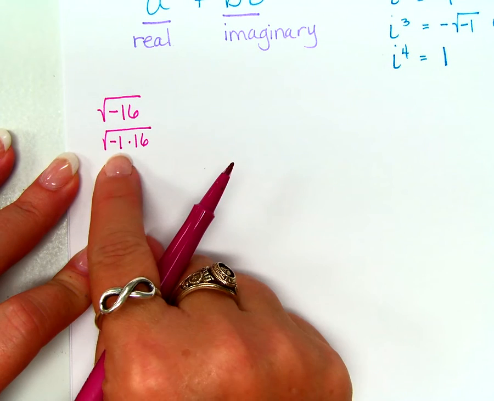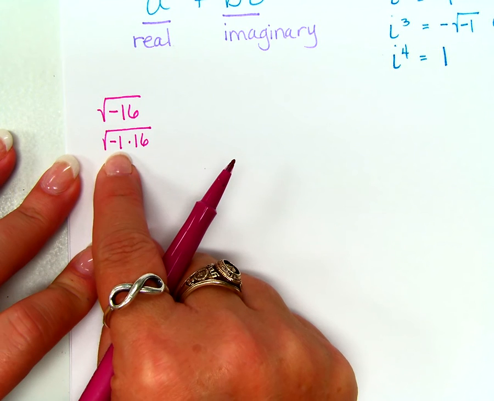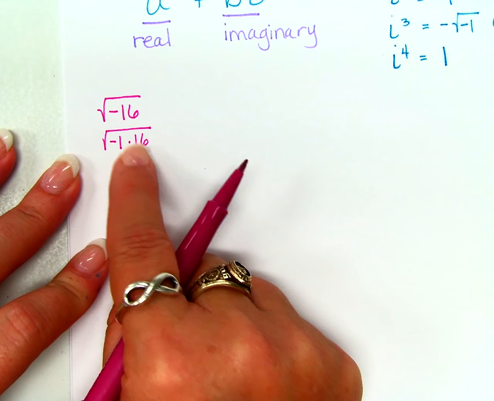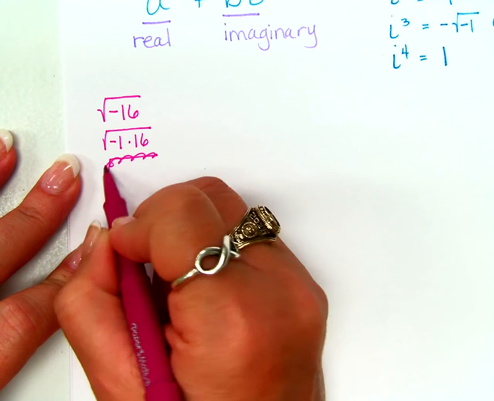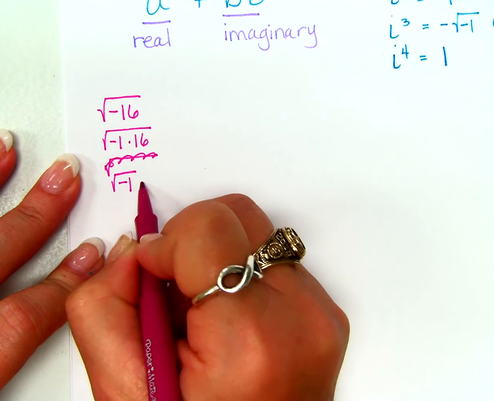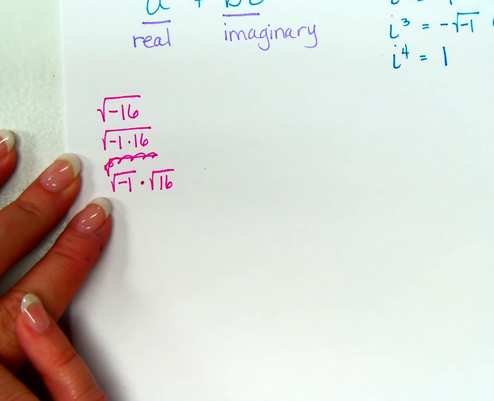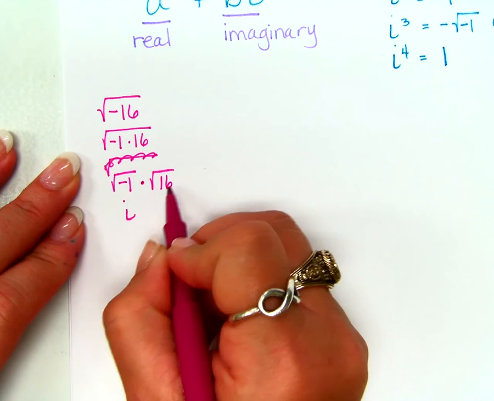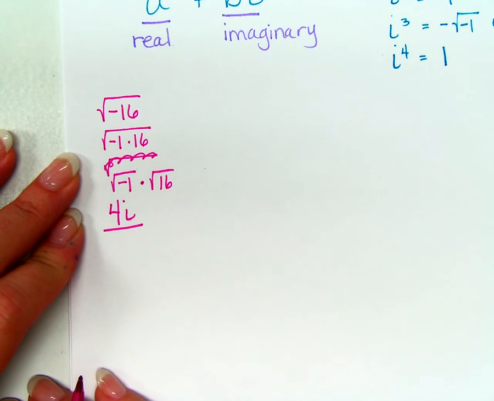Why did I choose to break it apart like this? Do I know the square root of negative 1? Yes. Do I know the square root of 16? Yes. Because of properties of radicals, I know I can rewrite it like this. What is the square root of negative 1? i. What is the square root of 16? 4. Done.